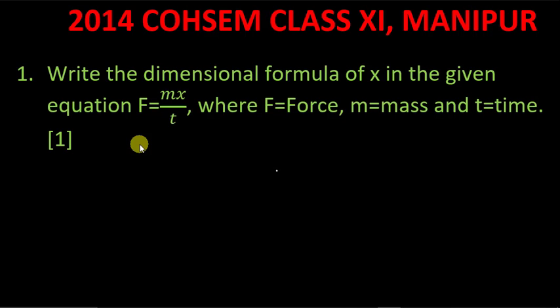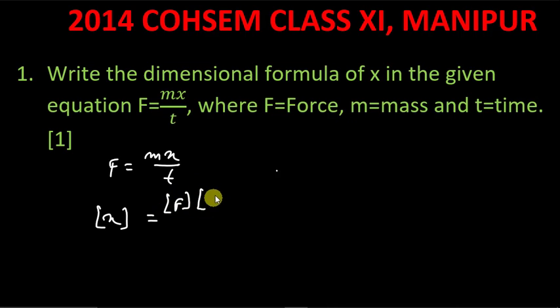Write the dimensional formula of x in the given equation F equals mx by t. So F equals mx divided by t. The question is to find out the dimension of x. So dimension of x is dimension of F times dimension of t divided by dimension of m.